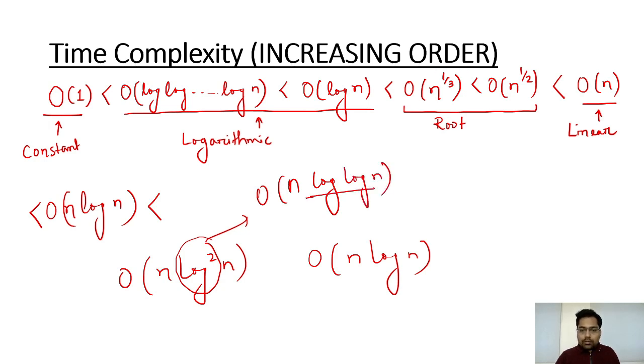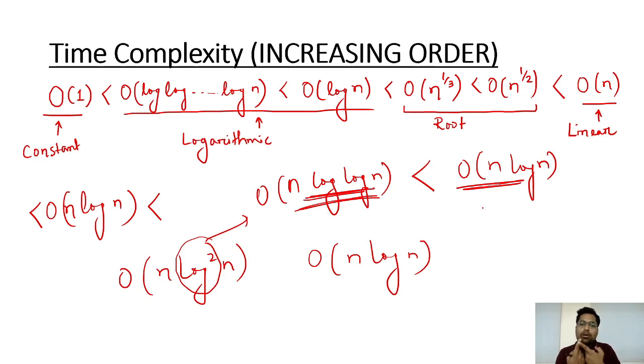I told you, if the number of logs is more than a single log, then it will be less than a single log, always greater, and the number of logs you use will be lesser. So log square will be less than n log n.